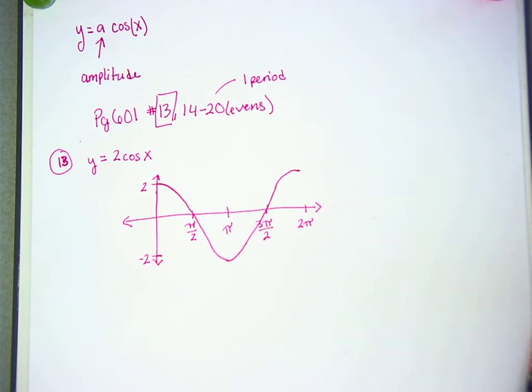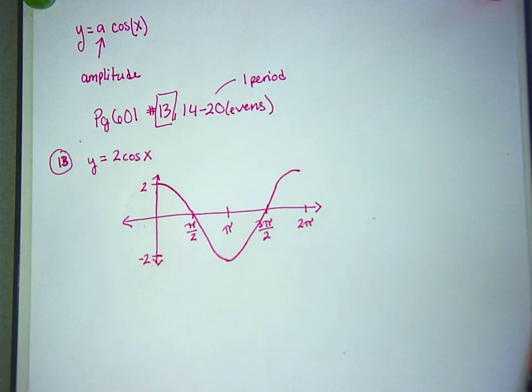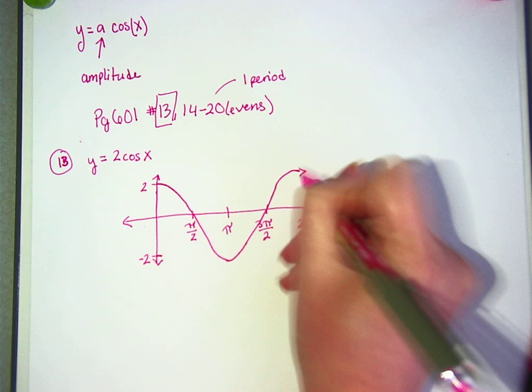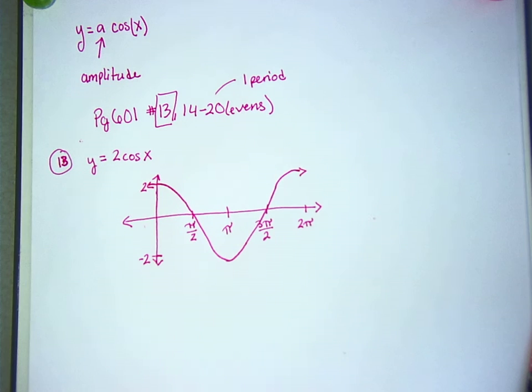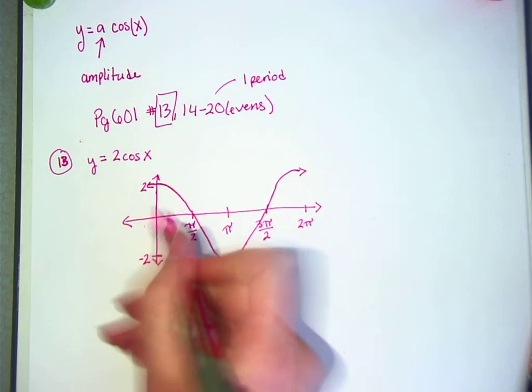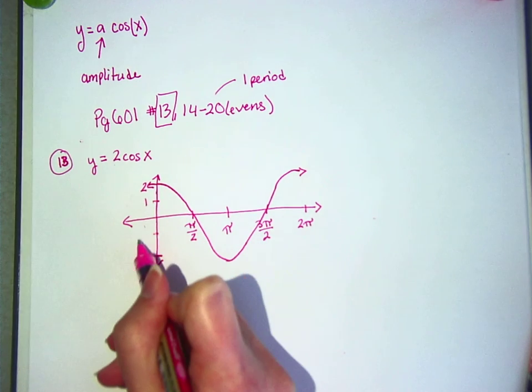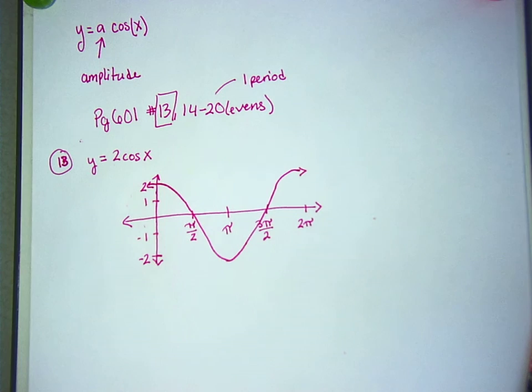Nice. Well done. But make sure you do your arrows because, like she said, we're not doing the 2 periods that they're asking for. And that's it. The only things we care about on your graph are these 5 points: 0, pi over 2, pi, 3 pi over 2, and 2 pi.